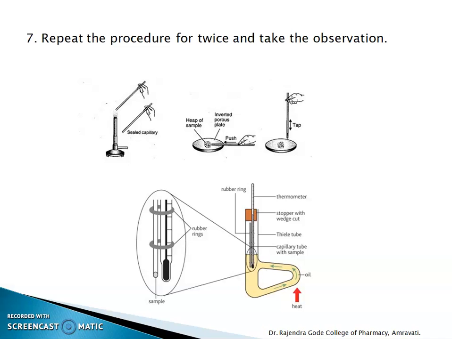In the next step, we have to tie the capillary tube containing the compound and the thermometer together with the help of thread or rubber ring, and immerse this thermometer and capillary tube into the Thiele tube containing liquid paraffin.